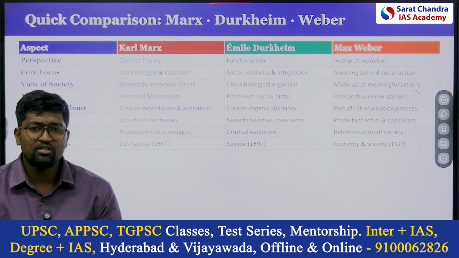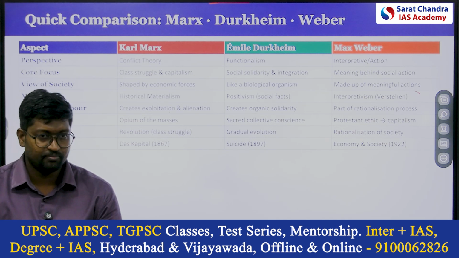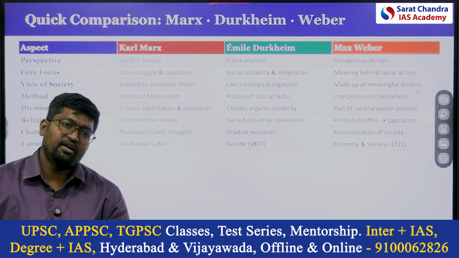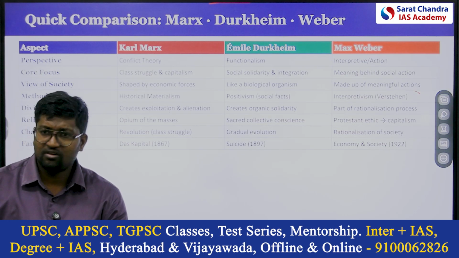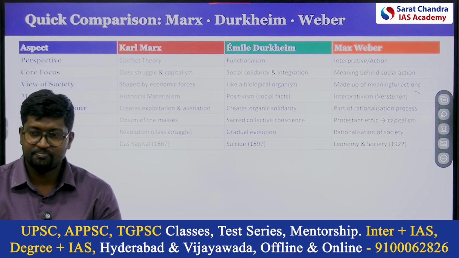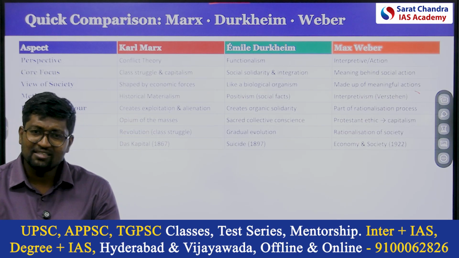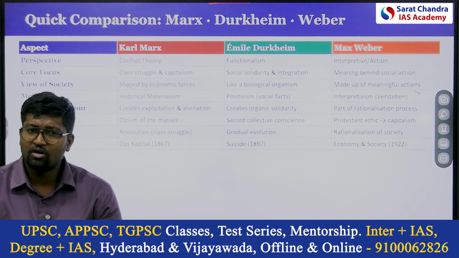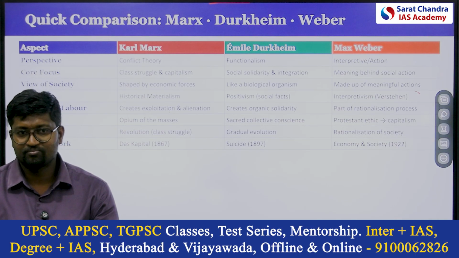If you work from morning till evening, you get 1,000 rupees. Next day you work the same time, you get 1,000 rupees. But at the end, you got around 30,000, while your owner got 30 lakhs.